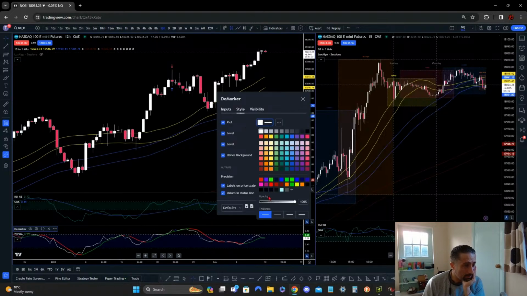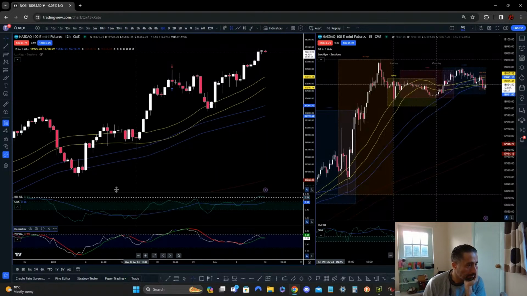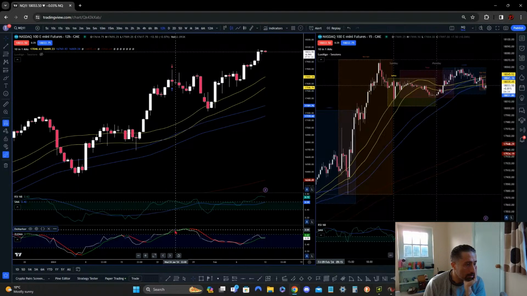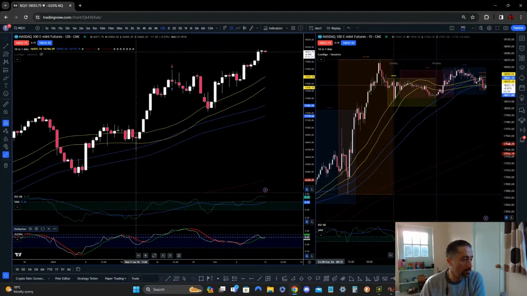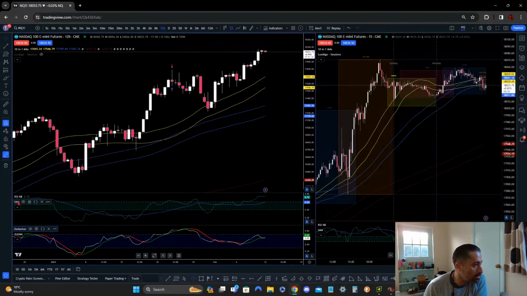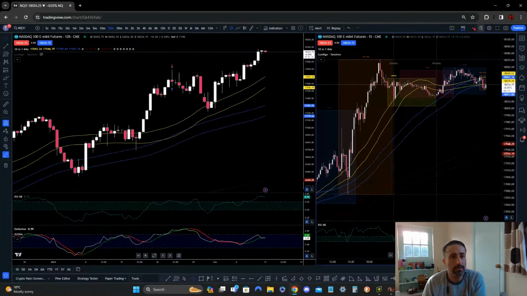Is that like that? Okay. I just love how the zero lag works. It just seems so much cooler. Why does this have an SMA on it? Okay, save this. Sorry.